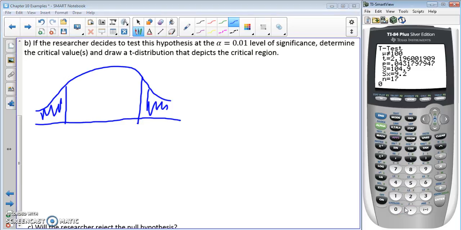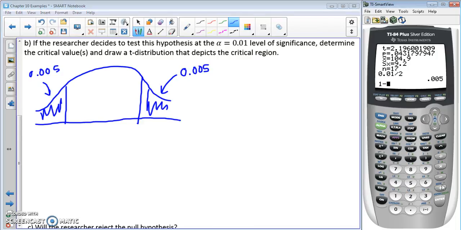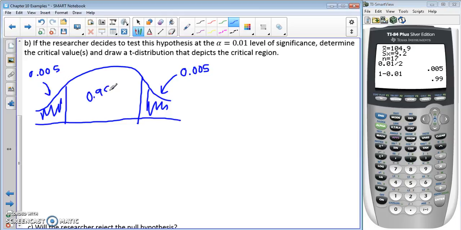So if we take 0.01 and divide it by 2, we have 0.005 in each of those tails, and if I do 1 minus 0.01, we have 0.99 in the middle. So these values here are negative t sub alpha over 2 and t sub alpha over 2.